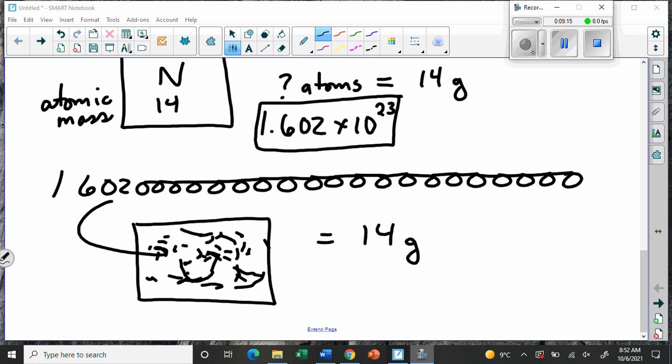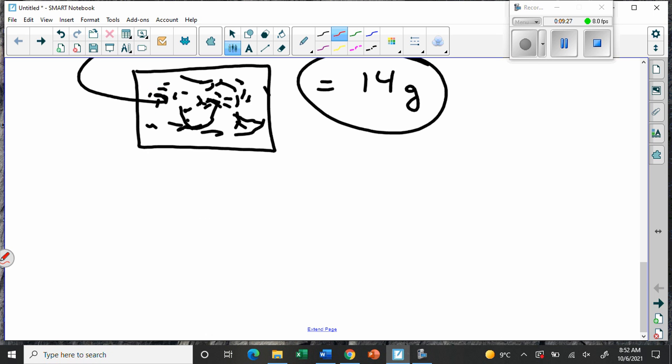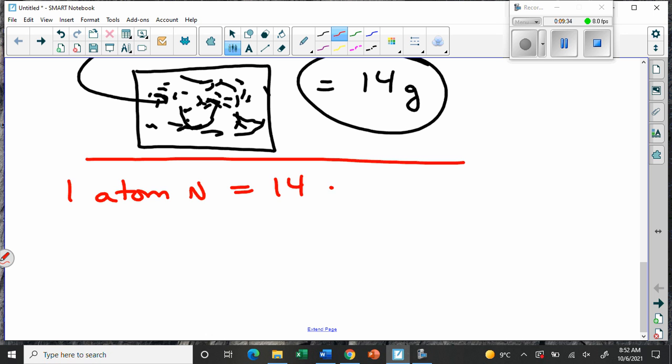And so why is this convenient? Well, it's convenient because the number 14 that we find here on the periodic table can be used two ways now. We can use that number 14 to describe the mass of one atom of nitrogen and say it's 14 tiny little mass units.